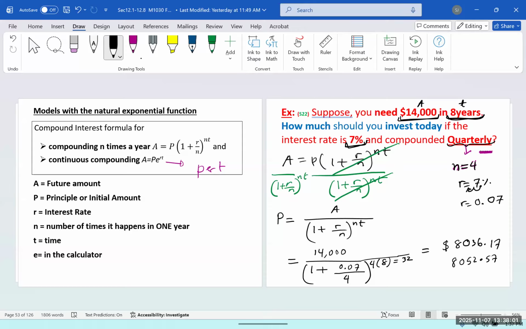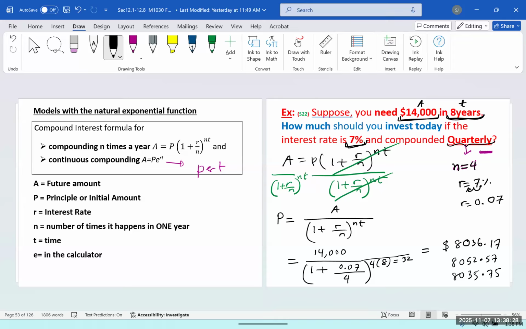Anything else? Brian, what do you have? I got 8003, but I forgot one of the zeros. Jahana, what do you have? I got 8,035.75. See, so many numbers.